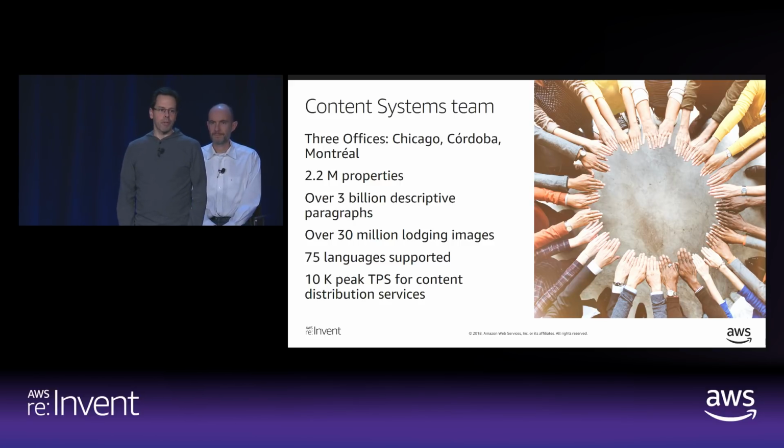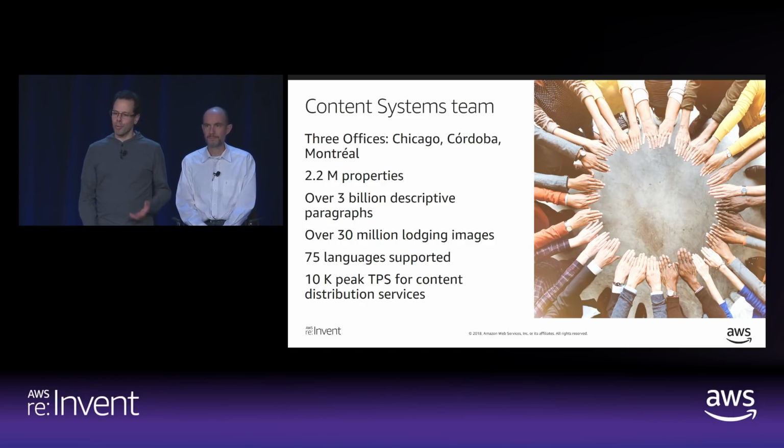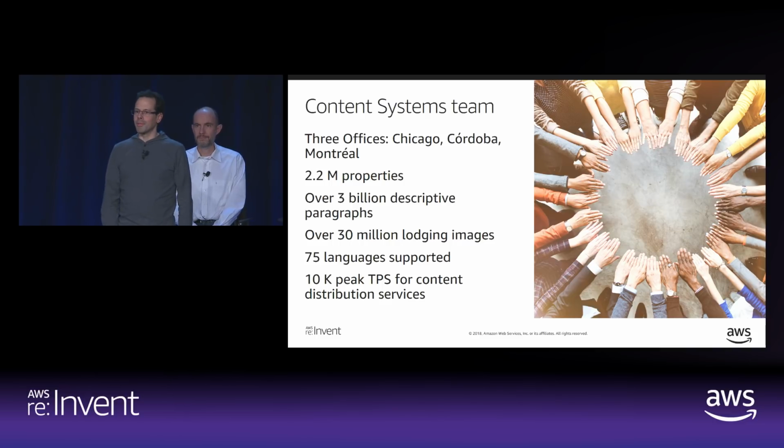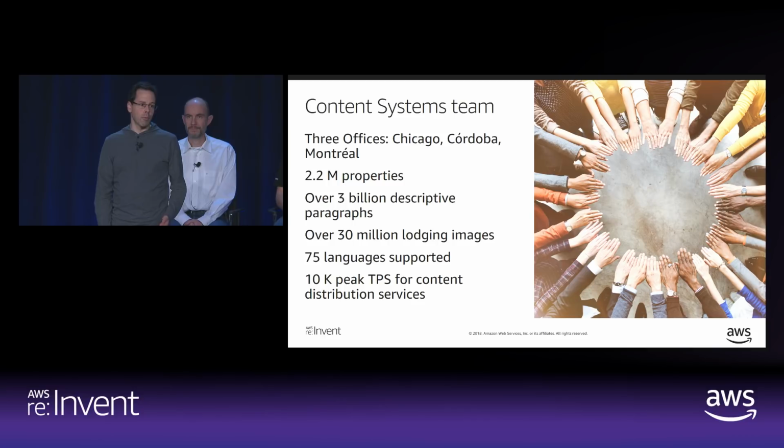My team is responsible for multiple services, but one of them is the content distribution service, which is the service that returns localized content to users, like, for one of the users, the Expedia hotel search page.